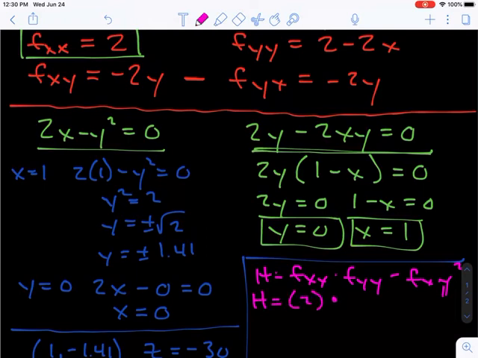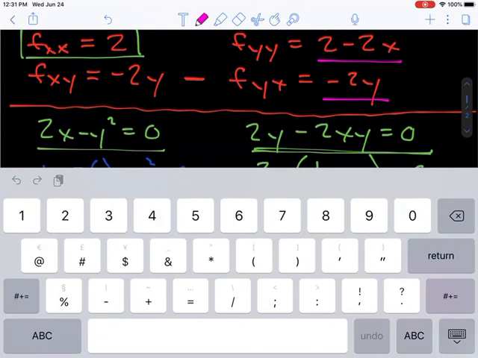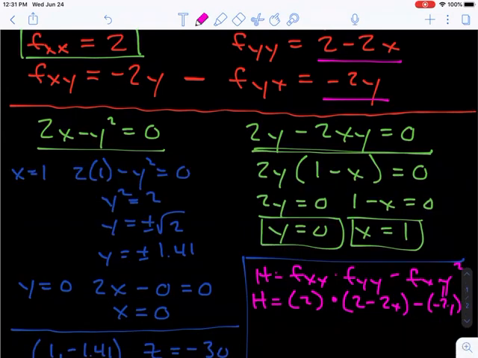times f of yy. Now we have a function there. f of yy is 2 minus 2x, minus f of xy squared. Well, f of xy is negative 2y. Let me write that down here and clean this up a little bit.